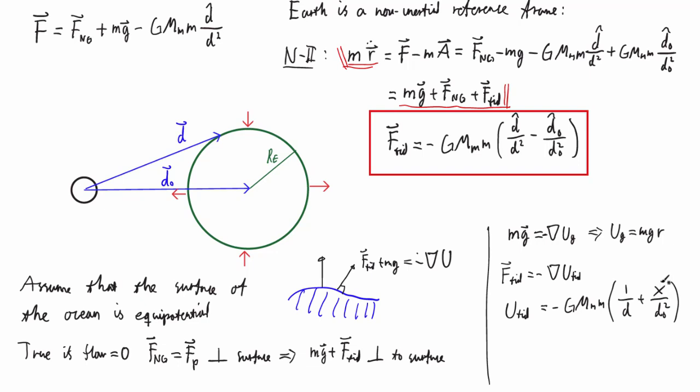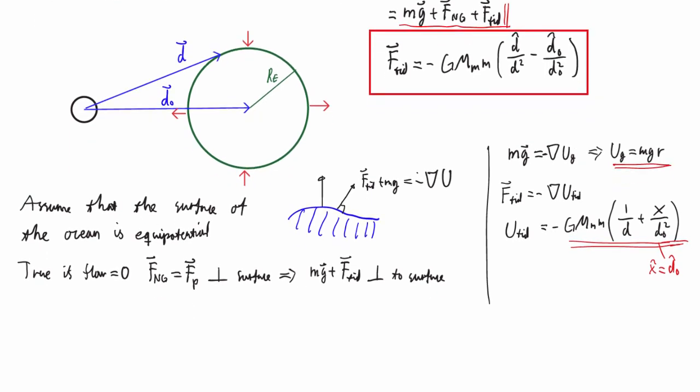X hat is the same as d naught hat. And d naught itself is a constant, so it doesn't figure in any gradient. So these are the two potentials that we're working with: the gravitational potential and the potential that's associated with the tidal force.